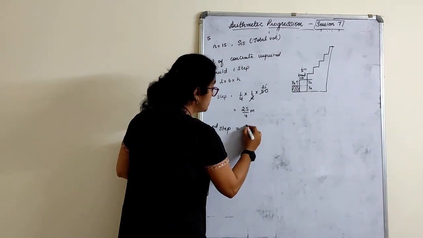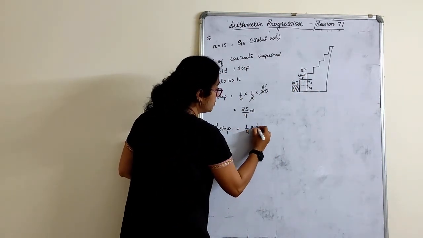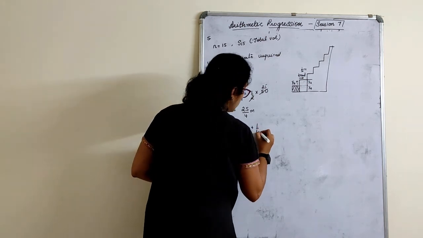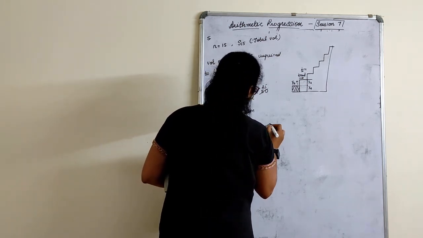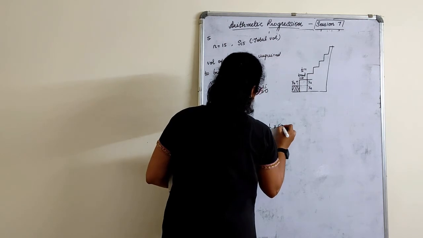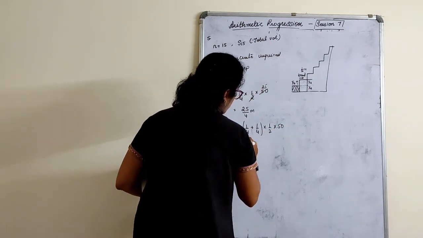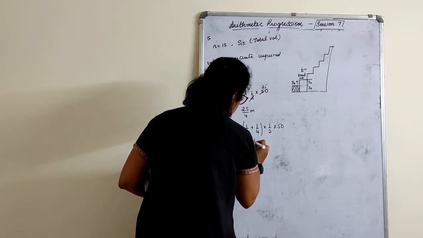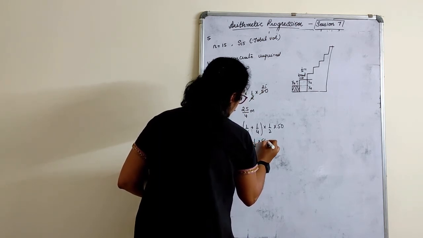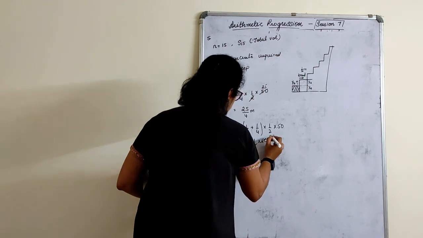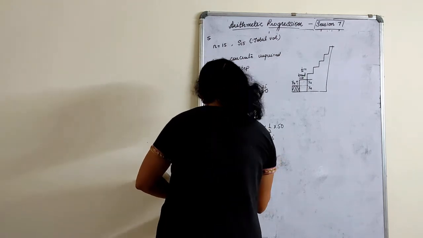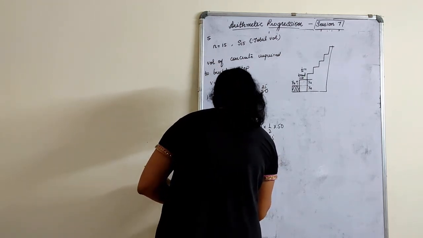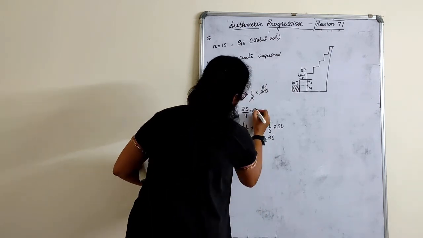So the second step is given by 1 by 4 plus 1 by 4 into 1 by 2 into 50. So 1/4 plus 1/4 is actually half into half into 50. So this is 25 by 2 meter cube.